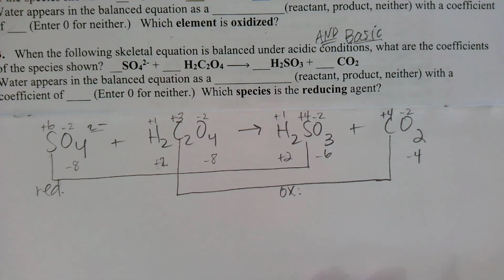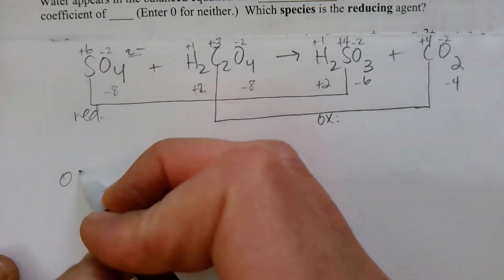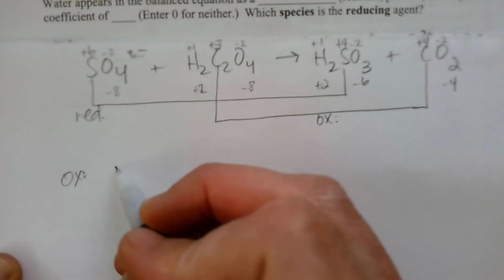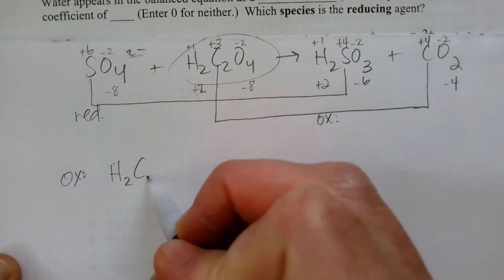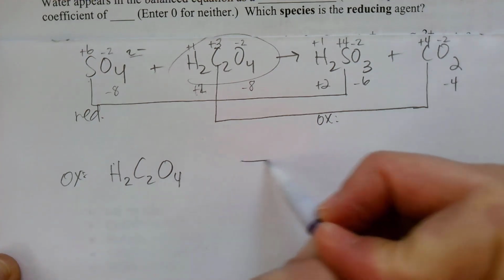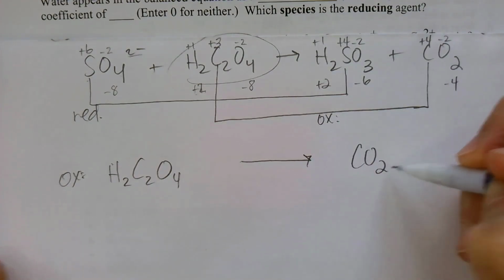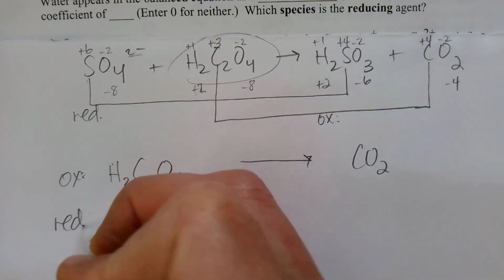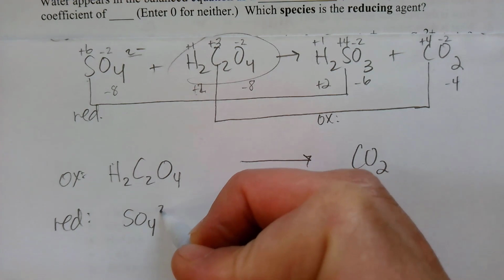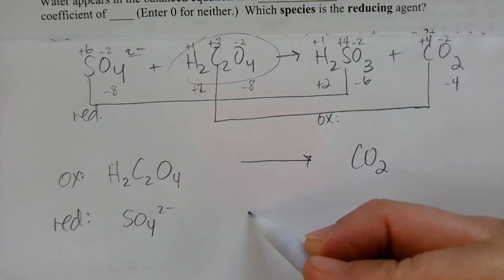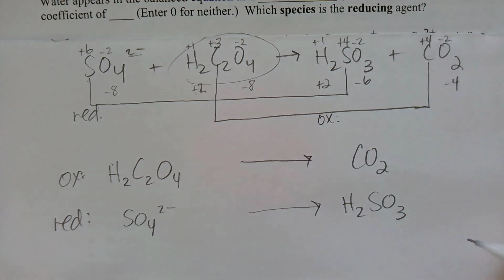Okay, so let's write each of these half reactions. I'm going to write my oxidation reaction, so I've got to write my whole species: H2C2O4, and on the right I have CO2, and the reduction is SO4 2-, and then on the right I have H2SO3.